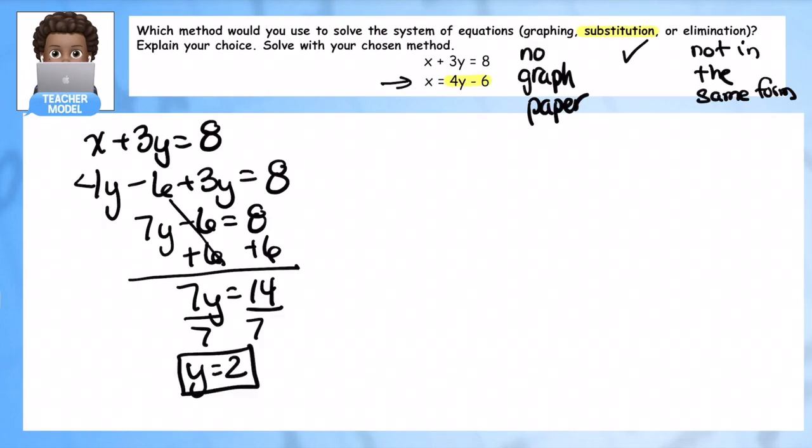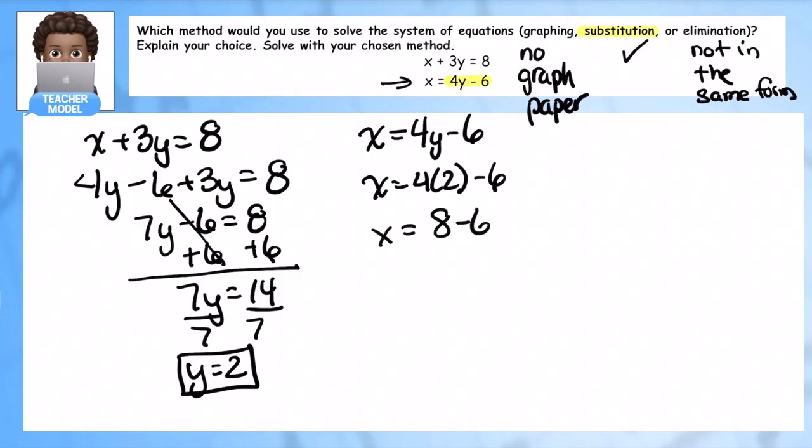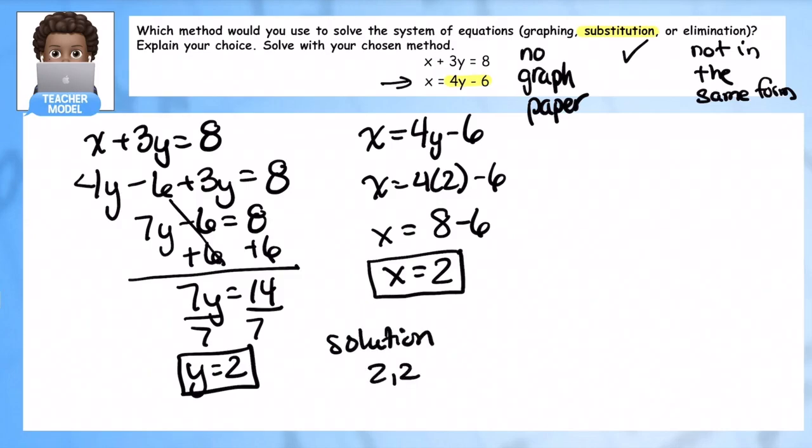Now that I have y, I'm going to substitute y equals 2 into either equation and simplify. All right, so I have a solution of 2, 2.